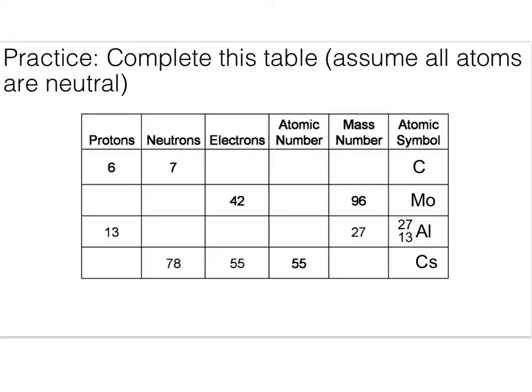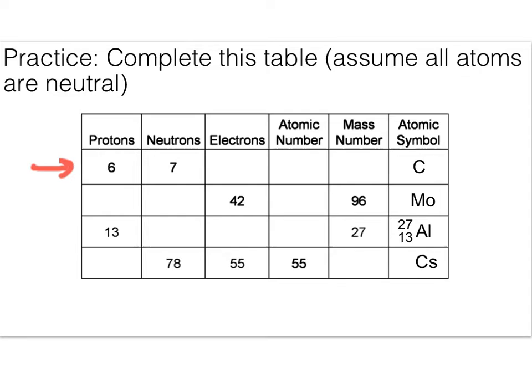Okay, so let's take this to the next level, and let's do some practice here. Given just a little bit of information, can we figure out a lot of information about these particular elements? So let's complete this table, and let's assume in this particular case that all the atoms are neutral. If we look at this top row here, we can see we have 6 protons, 7 neutrons, and this is a carbon atom.